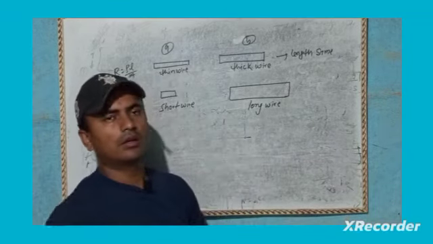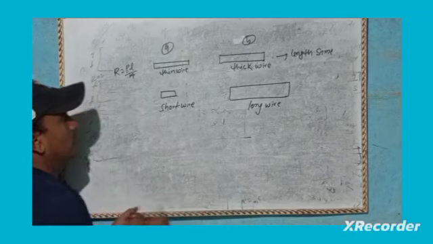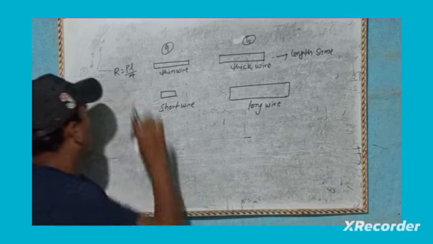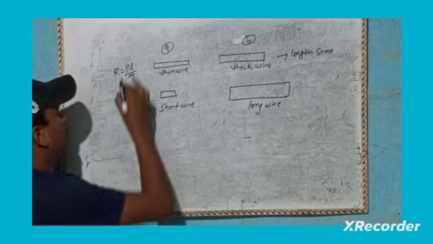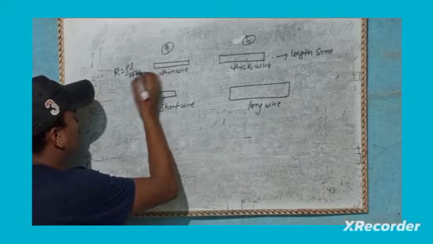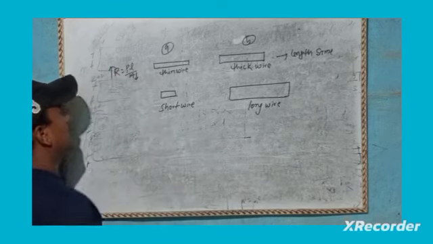Thin one, thick one. In that case, when the wire is thin, the cross-section is also less. Resistivity is a metallic property. When the wire is thin, the cross-sectional area decreases and the resistance increases.